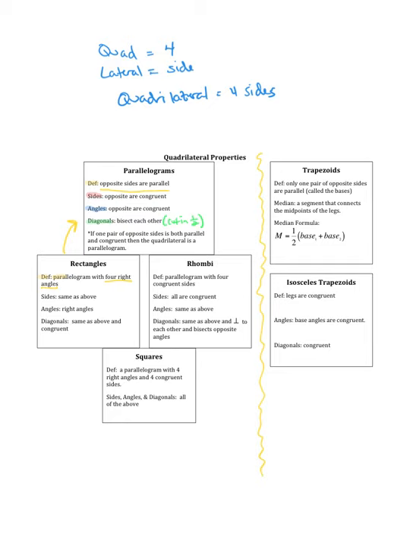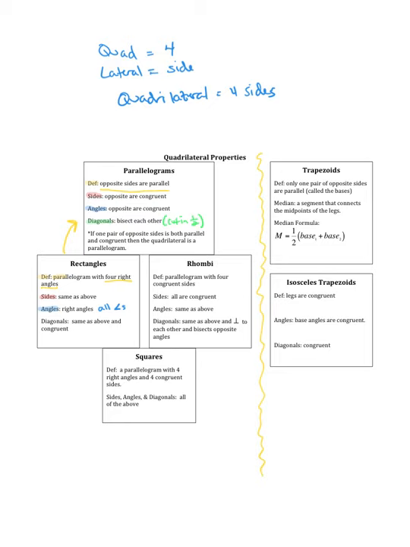Every rectangle has parallel sides, opposite sides are parallel, and 4 right angles. The sides are same as above. Opposite sides are congruent. And the angles, all angles are right angles. All angles. Because a rectangle is a parallelogram with 4 right angles.